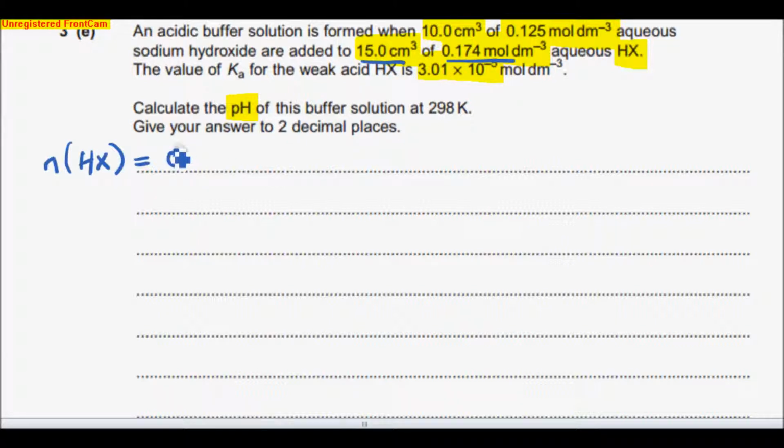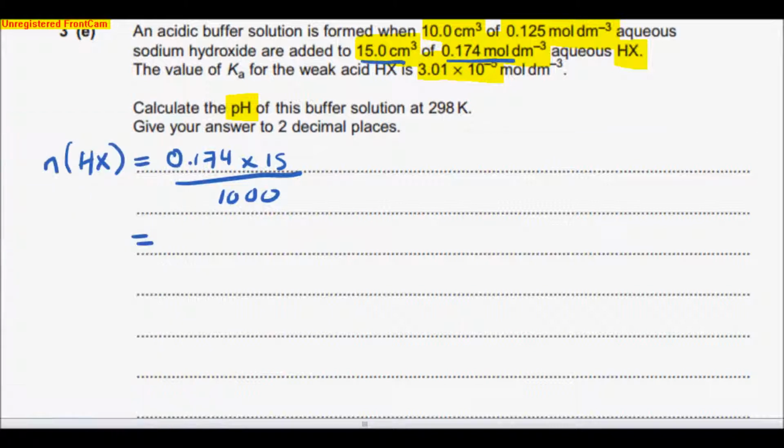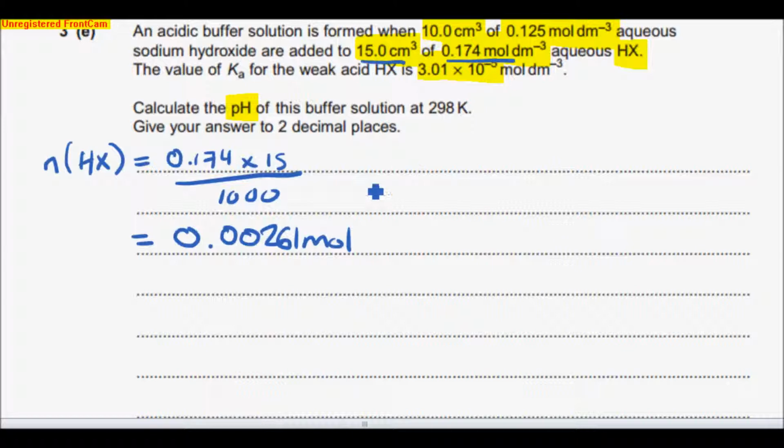So it's going to be 0.174 multiplied by 15, all divided by 1,000. If I take up my calculator, that equals 0.00261 moles. Okay, so that's our first thing done.